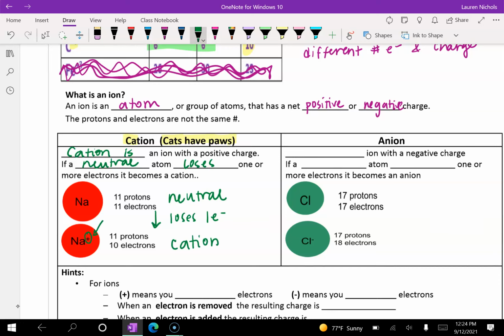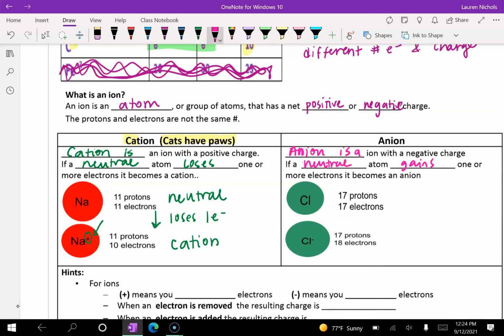And so for anions, okay, this is our second type. Anions are ions. An anion is an ion with a negative charge, and if a neutral atom gains one or more electrons, it becomes an anion.